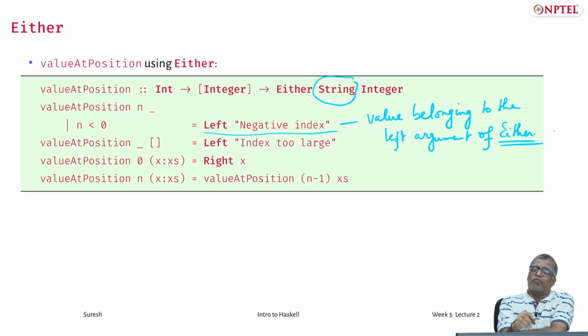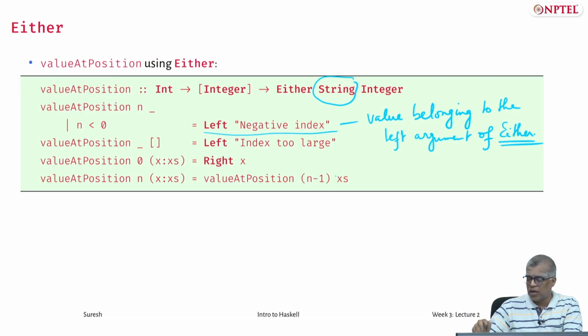For the normal values, the integer values are Right, because they belong to the right argument of the Either type constructor. So value at position 0 of x colon xs is Right x, and value at position n of x colon xs is value at position n minus 1 of xs.